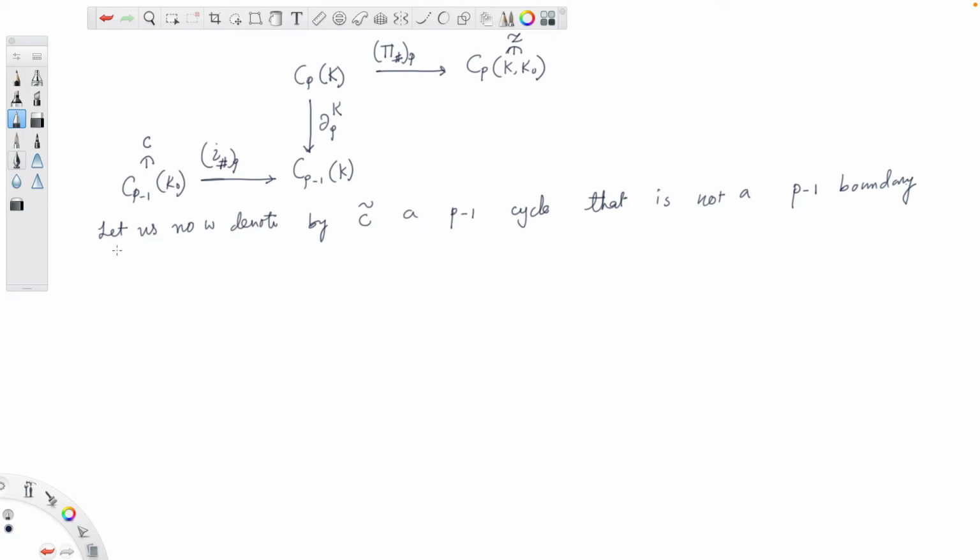So that c tilde belongs to H_{p-1} of K0. It's an equivalence class.